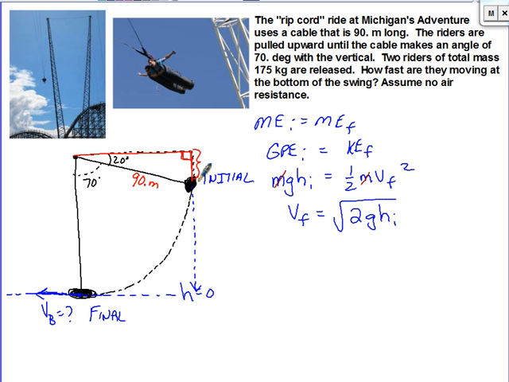That's the opposite side to that angle, so I'm going to take 90 times the sine of 20, which will get me that length, and then since this represents the height, the actual h initial would just be 90 minus 90 sine 20. So let's go ahead and check that.